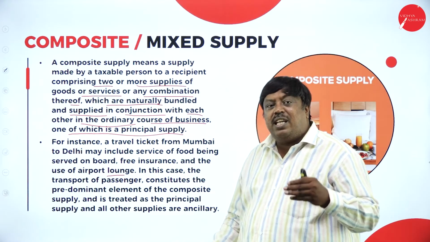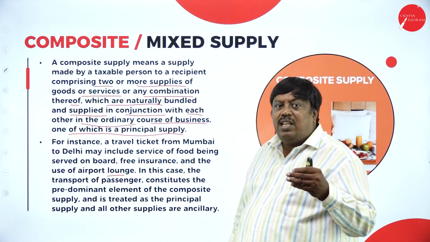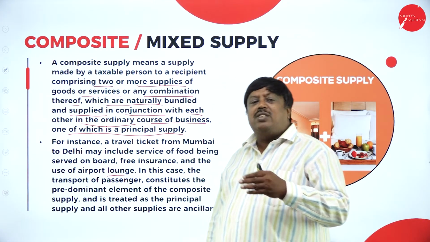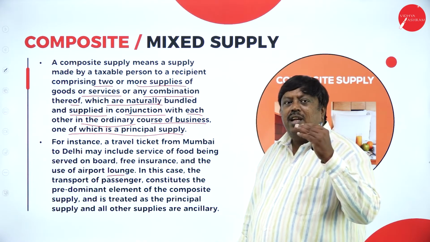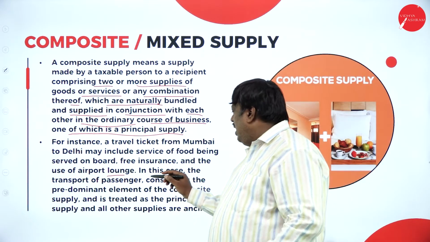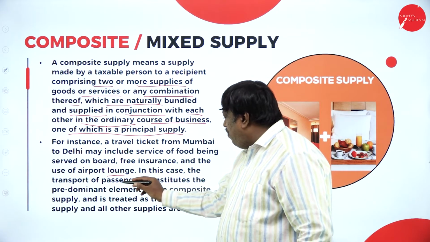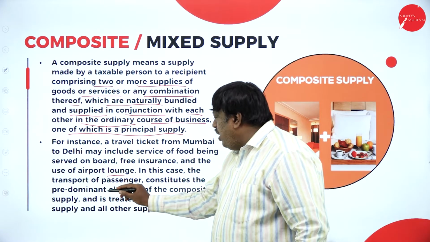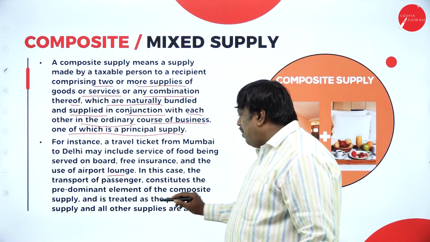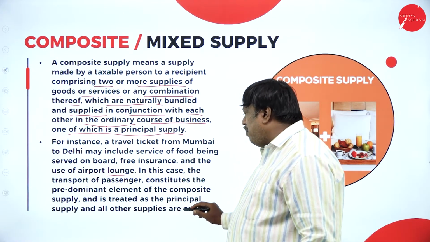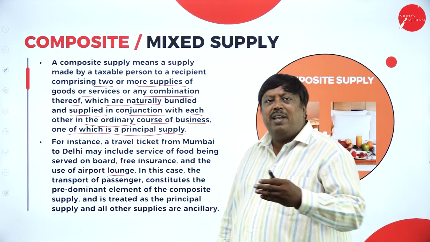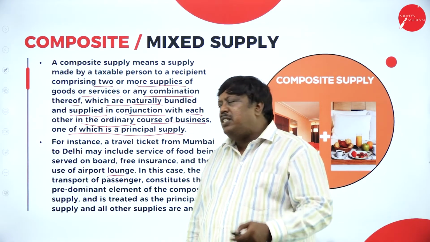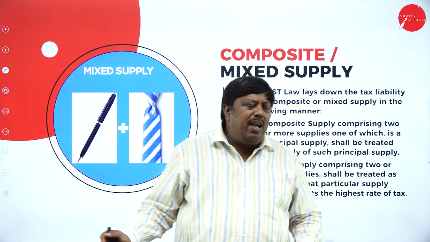These are the benefits given for the person who is traveling from one place to another through airlines. In this case, the transport of passengers constitutes the predominant element of the composite supply and it is treated as the principal supply, and all other supplies are additional benefits for the main principal supply.